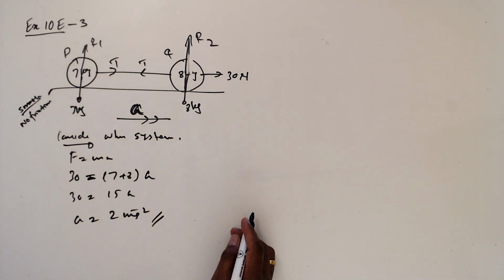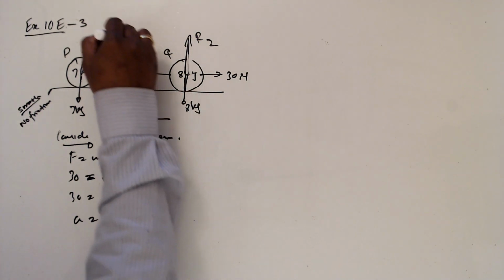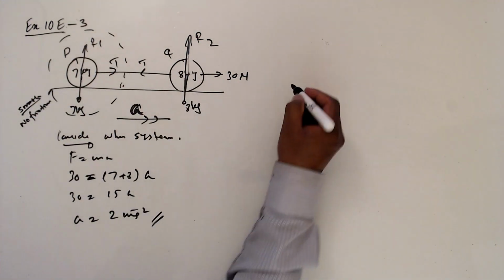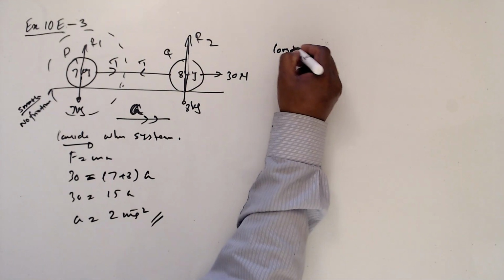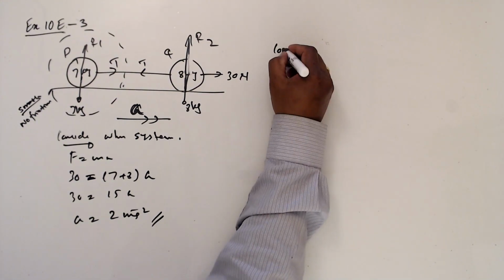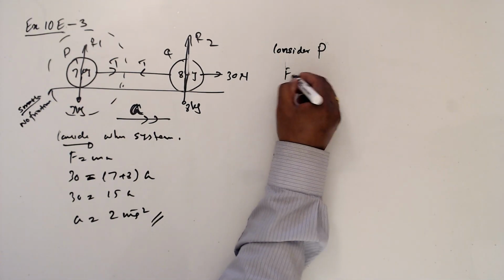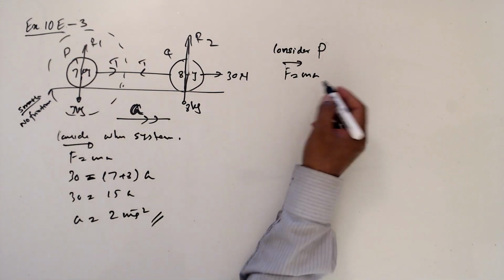Now we need to find the tension of the string. So I'll stay with this one. Consider P. F equal ma in this direction.